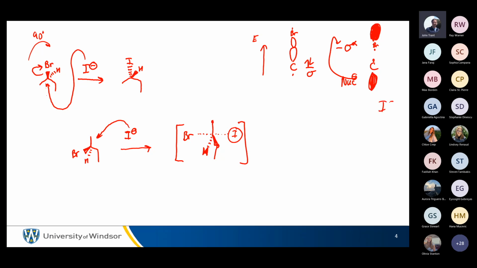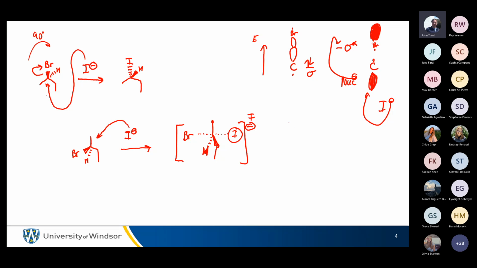The iodine is coming in for the carbon, not the bromine, of course. And that's opposite where the bromine is. It's 180 degrees to the bromine. There's an overall negative charge on here.